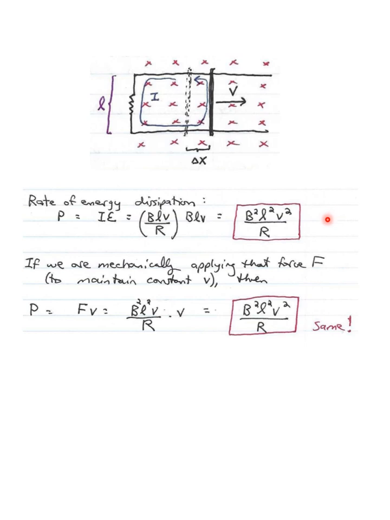We are getting heating from the bar, rate of energy dissipation. And that energy is not for free. It has to come from somewhere. It comes from the mechanical work that we have to apply in order to move that bar, which is what induces the current to get that heat, that energy dissipation. And that's the mechanical power, which is exactly the same.